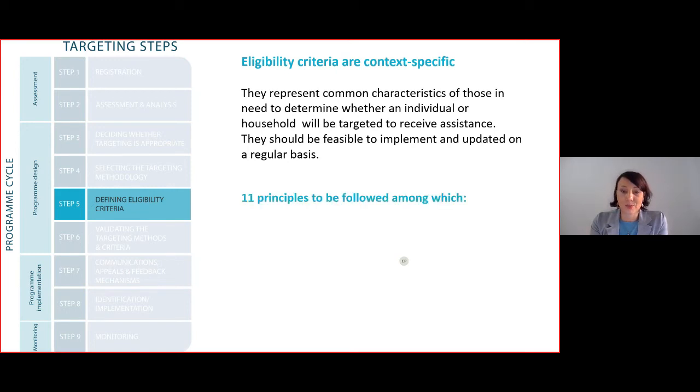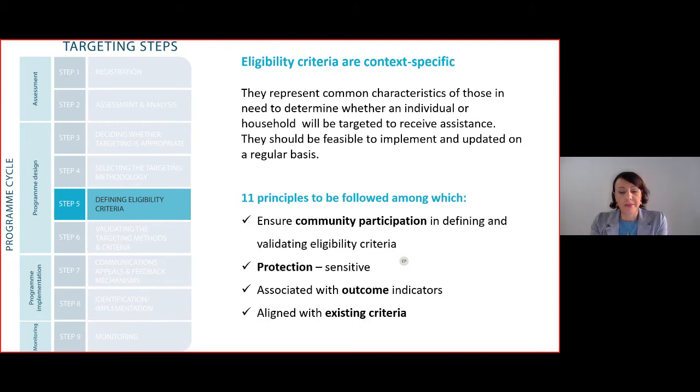Again, here there are 11 principles that are guiding us to the definition of the eligibility criteria, but the most important here are, first of all, to ensure community participation in the definition and the validation of the eligibility criteria. The eligibility criteria should be protection sensitive, as colleagues before have mentioned, and definitely they need to be associated with outcome indicators that define the people in need, indicators related to food security, food access, economic vulnerability, etc.